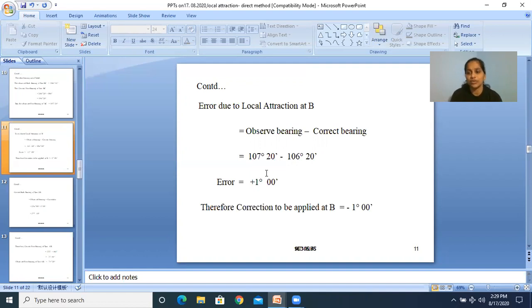The magnitude of error is always calculated by subtracting the correct bearing from the observed bearing. So that is 1 degree 00 minutes, and this is a plus. Then in order to compensate this plus 1 degree, we have to apply the correction of minus 1 degree. Therefore, the correction to be applied at B is minus 1 degree.